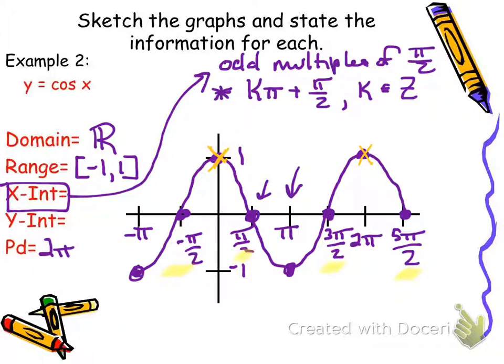Another way that you could say this, and you'll see this sometimes also, 2k is an even integer, right? If you multiply any integer by 2, it's even. If you take an even number and add 1 to it, and then multiply it by pi over 2, that's another way you could say the odd integer multiples of pi over 2. What's the y-intercept of the cosine of x? 1. Yes.